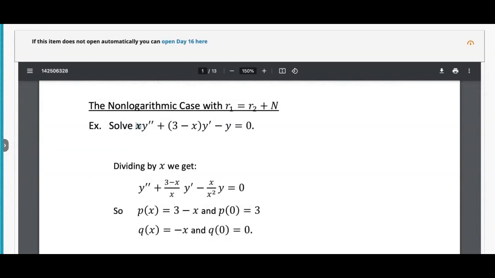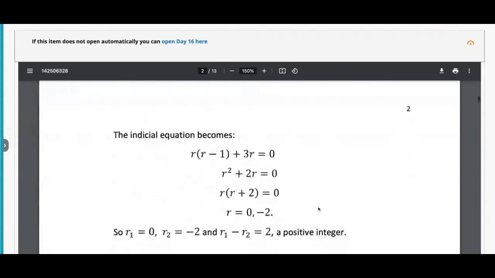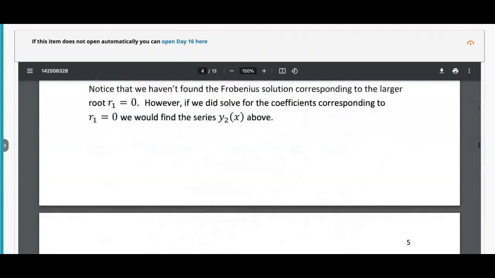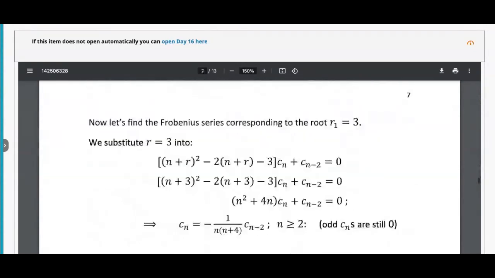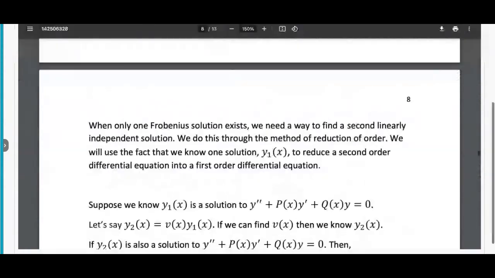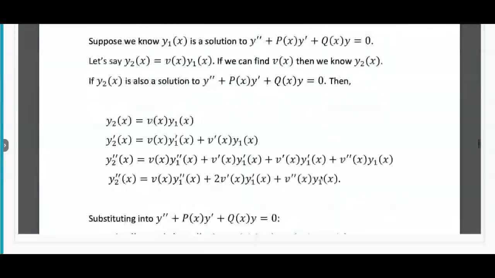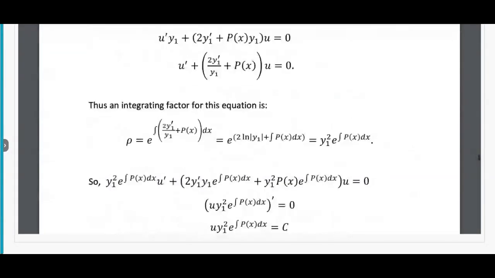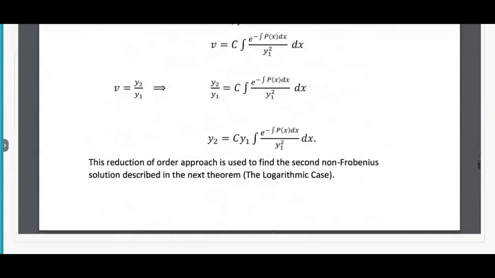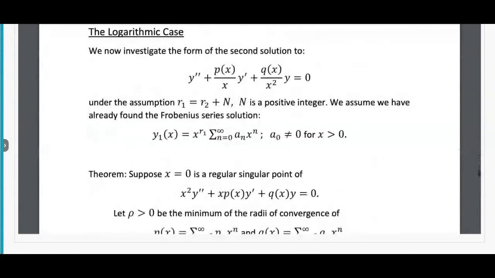Let's try to solve this one, use this one for the log case, then try the log case with a non-log case. Even when specified as R1 bigger than R2, which one is R1 and which one is R2, I don't think it has to be.